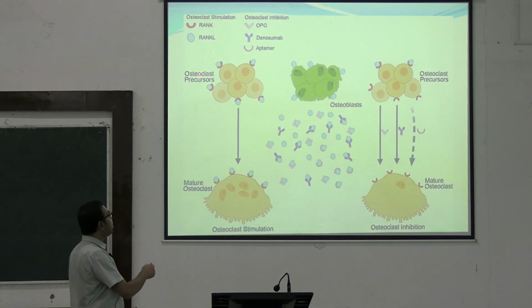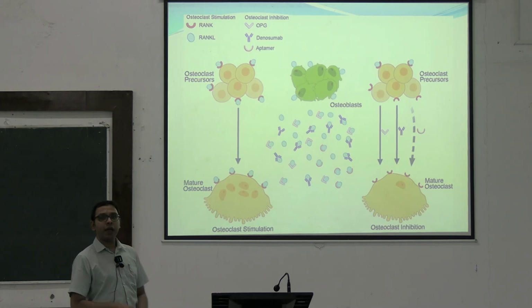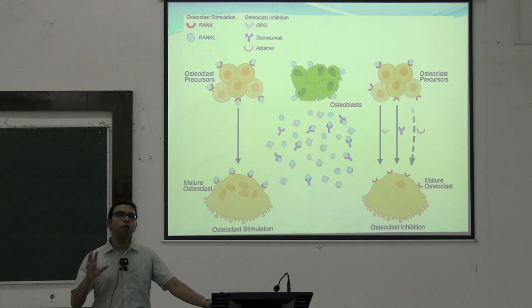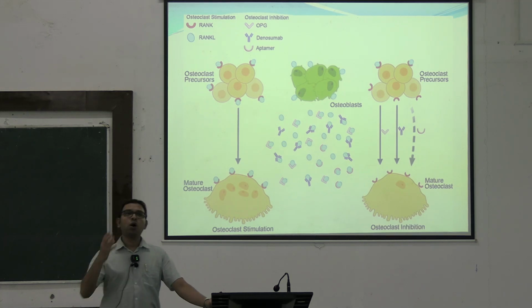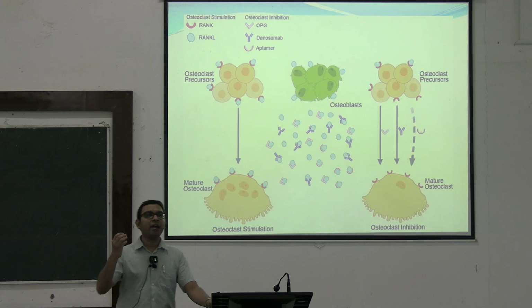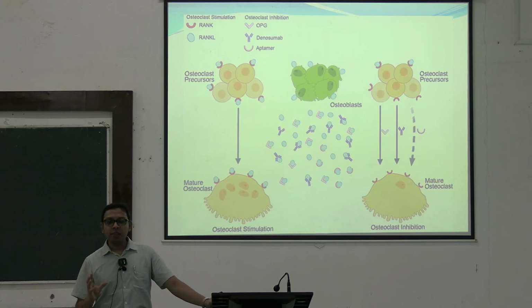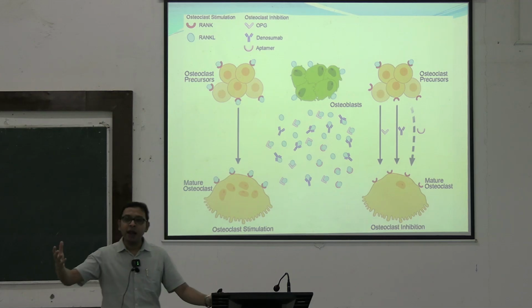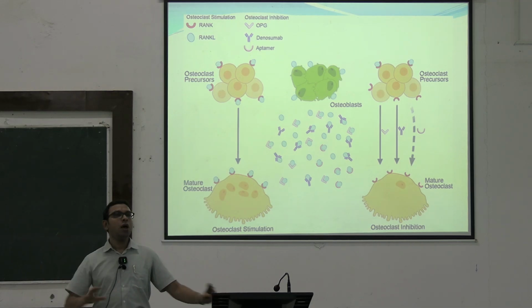Already I have discussed, but again I am telling that osteoclasts cause the bone resorption, and this bone resorption happens due to the activation by the osteoblast cells. The osteoblast cells contain the RANK ligand and the osteoclast cells contain the RANK. RANK is basically a receptor. When the osteoblast cells come near the osteoclast cells, RANK ligand binds with the RANK, the osteoclast cells are activated and bone resorption happens.